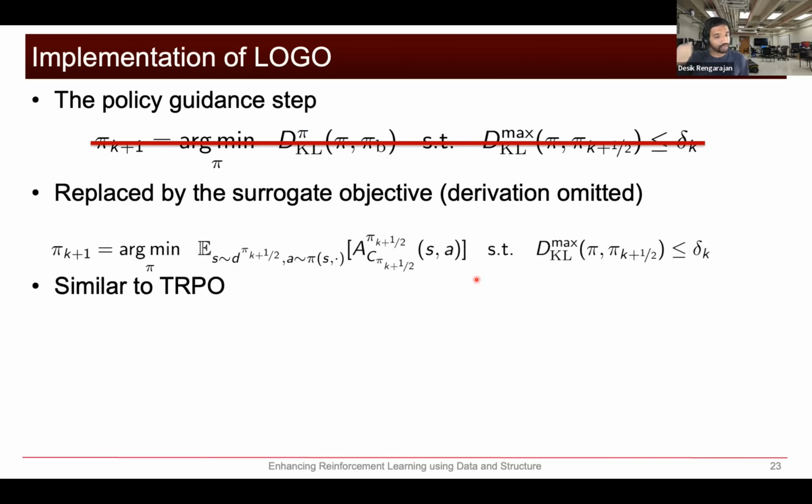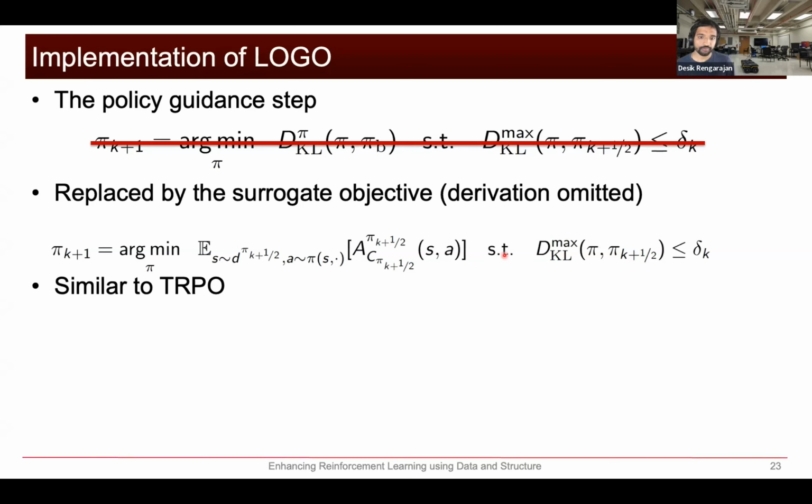Similar to what TRPO does, we can also write a surrogate objective, but we must take into consideration that you're dealing with policy dependent cost functions as opposed to policy independent cost functions. But the proof goes through, and I've omitted the derivation for this presentation because it gets a little complicated, and I want to stay away from that and provide you a big picture, but I'd be happy to go over the derivation either during the chat session, or you could read the paper for this.